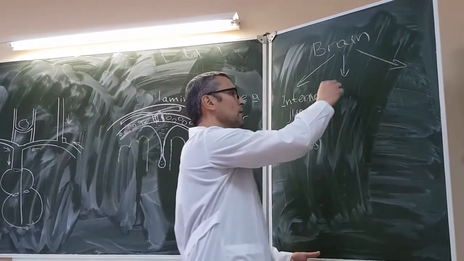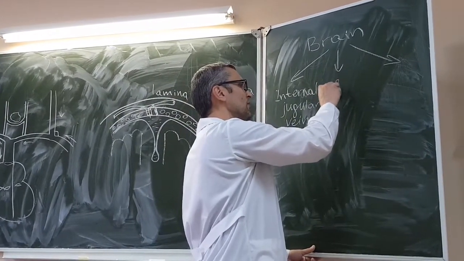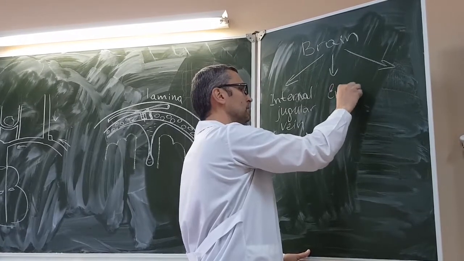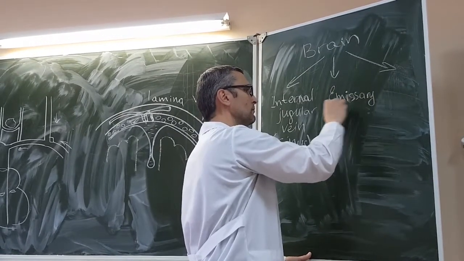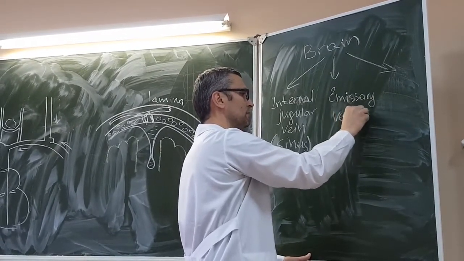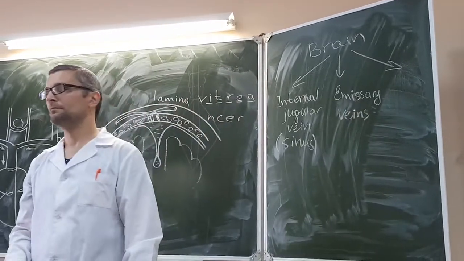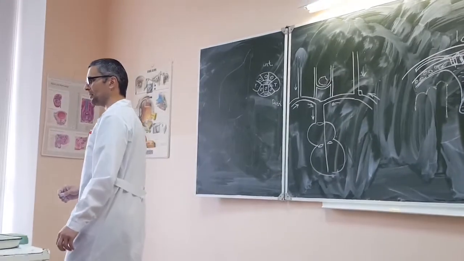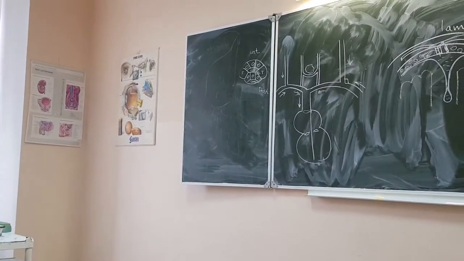The second way is through the emissary veins. Small veins which pass through the openings in the skull. Which openings of the skull do you know?